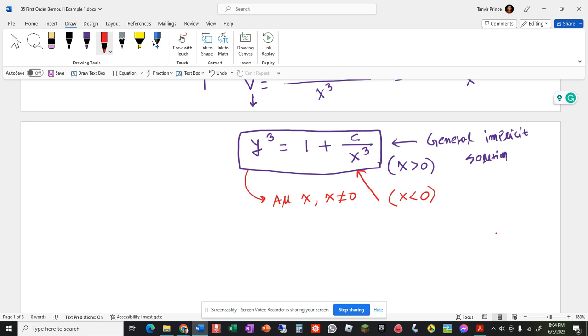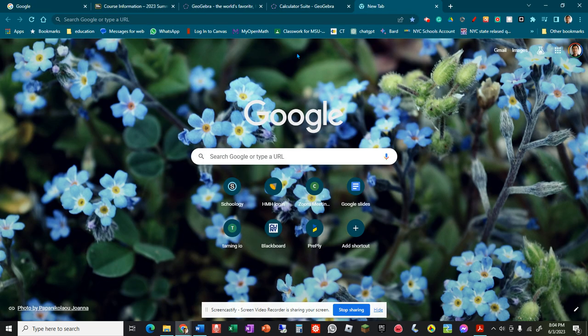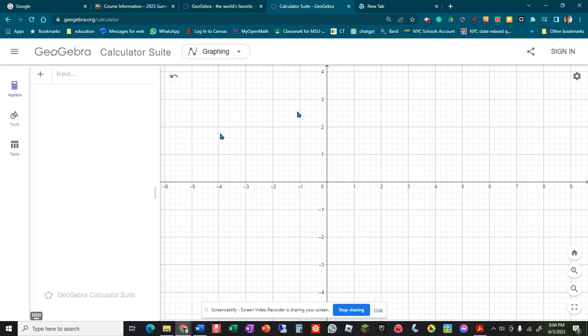Excellent. And what does the graph of the solution look like? Look at the GeoGebra, and let's put it here. Again, for c I use a slider, and let's put in our expression.